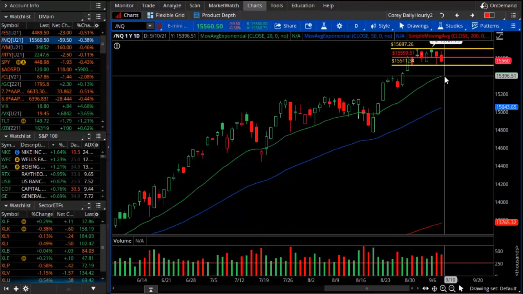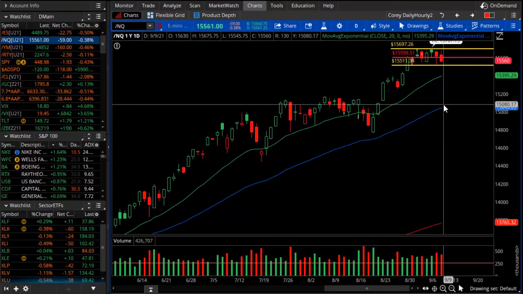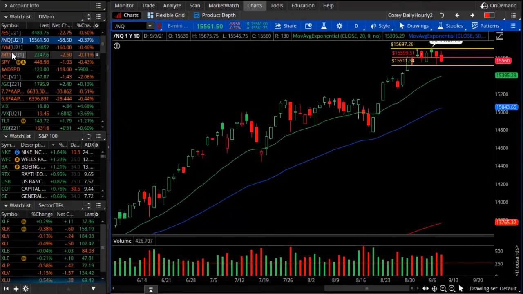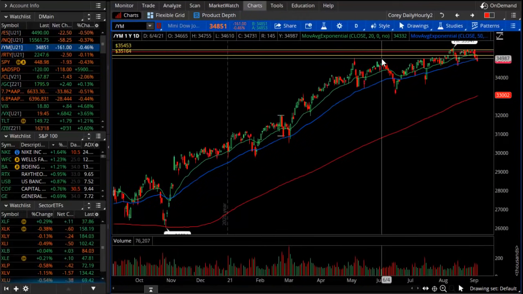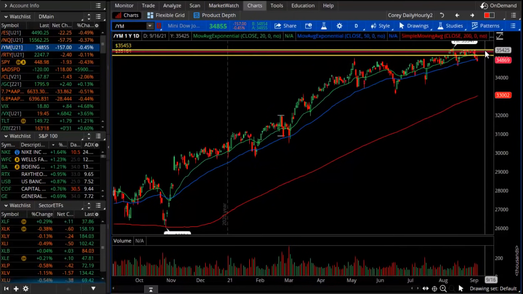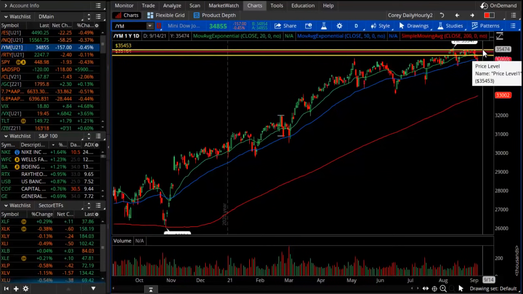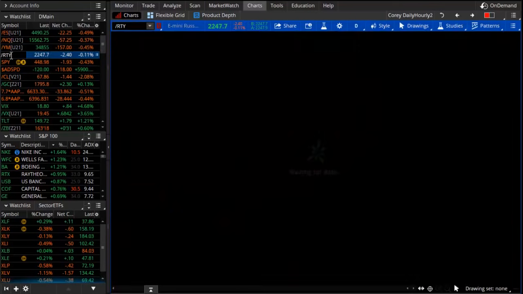Its target would be about the 15,400, and a deeper pullback takes us just about 15,100. On the Dow mini futures, we are going more sideways than up. And we can see that because the market has stalled and consolidated, roughly speaking, into this 35,000, 3 or 4 or 500 key inflection point.